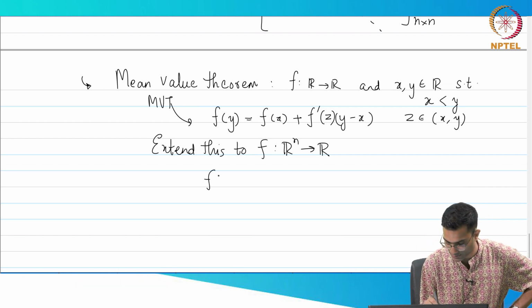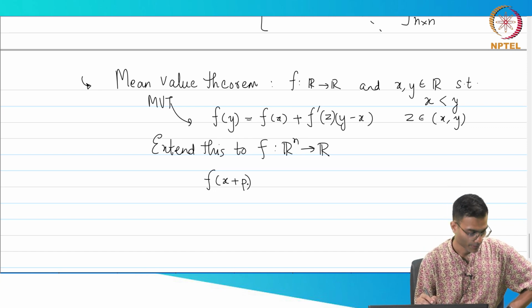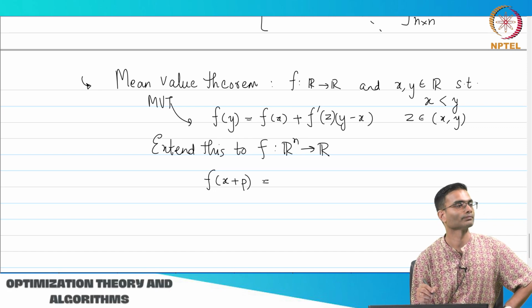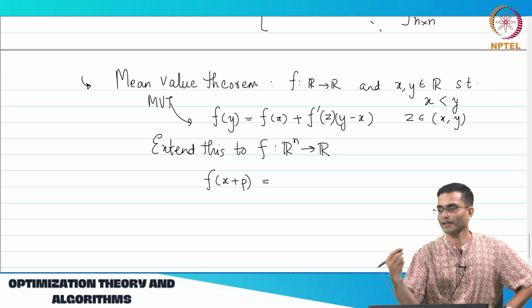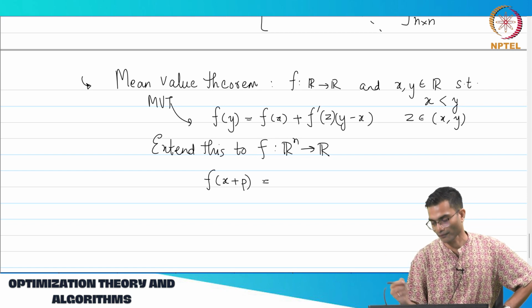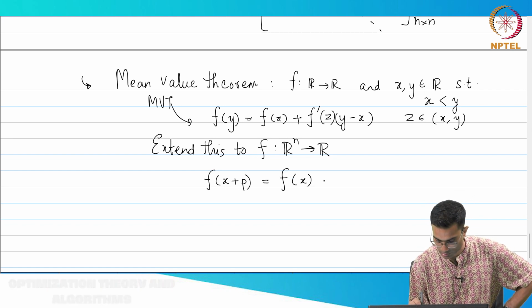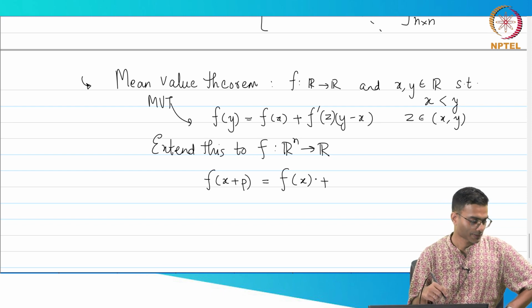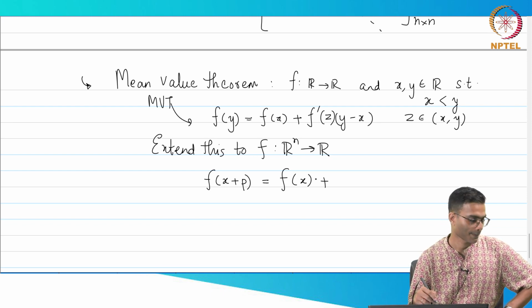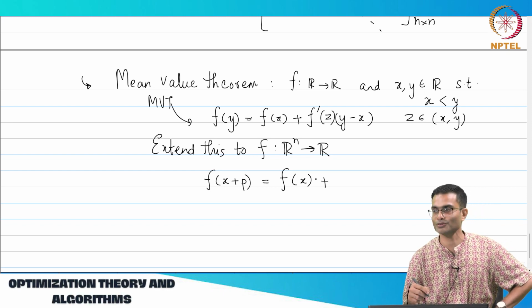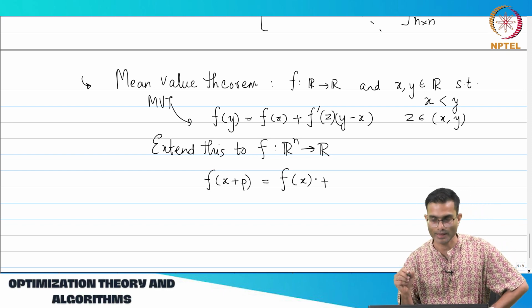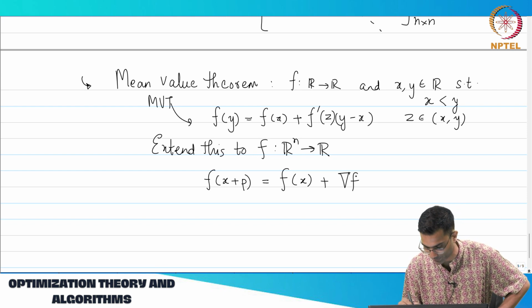I'm going to write this as f of x plus p. If you were defining it, the first term you would write as f of x. Very good. Second term, what would you write? We know that f dash is going to get replaced by grad, so I'm going to write grad f over here.